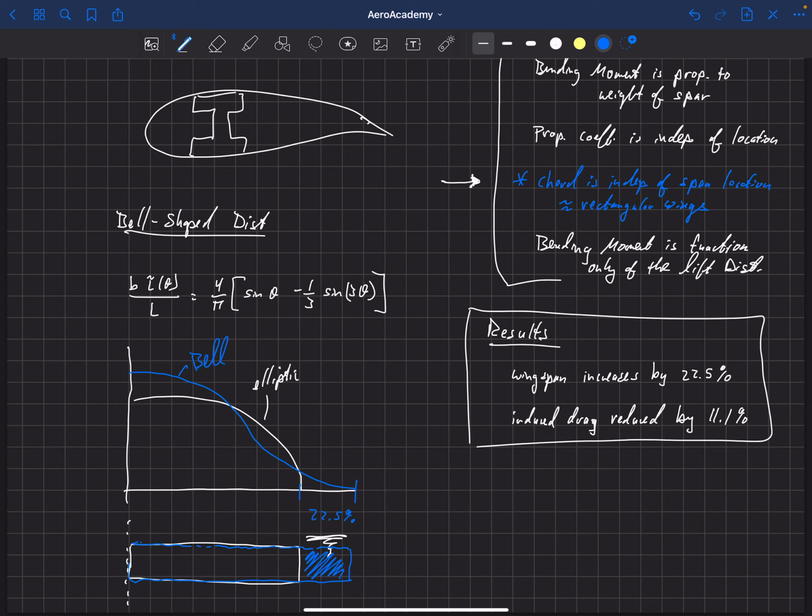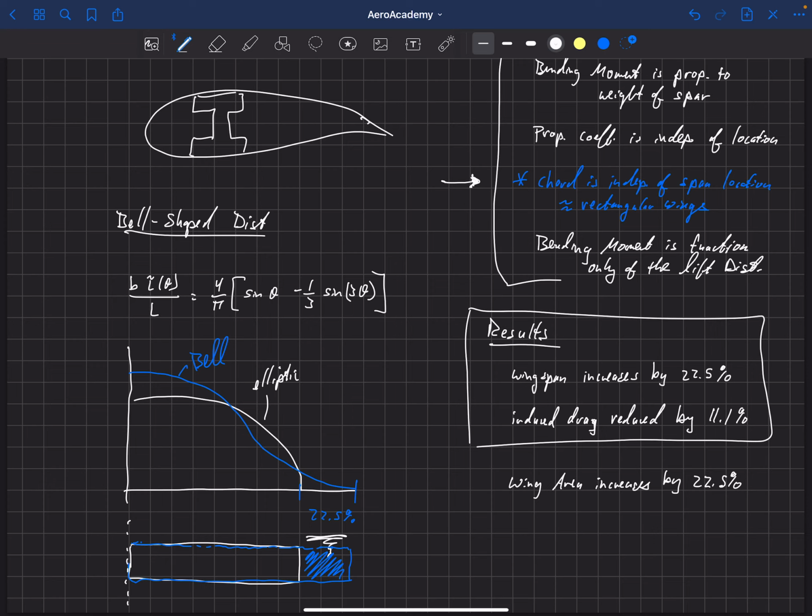So I'm going to say wing area increases by 22.5%. Okay, so why does that matter? Well, it matters because we've kept the weight the same.